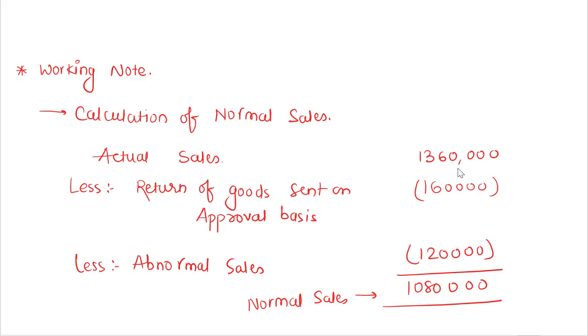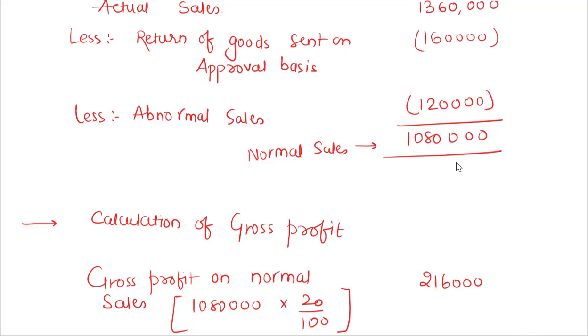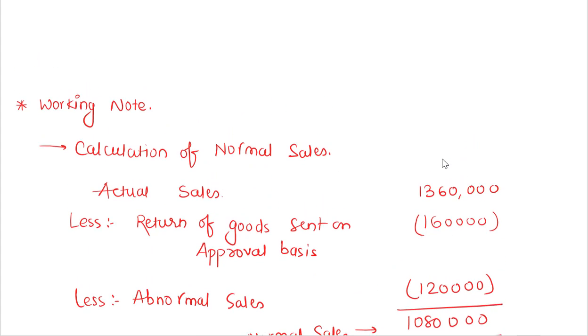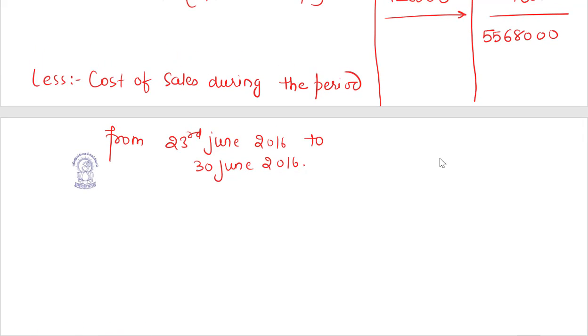The sales amount is 13,60,000. Actual sale is 13,60,000. Out of that, the return on approval basis is 1,60,000. So 13,60,000, just write over here.